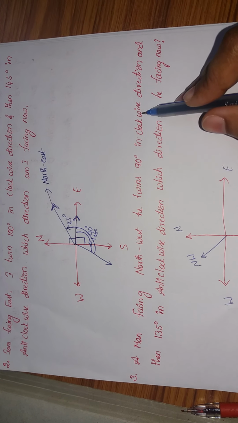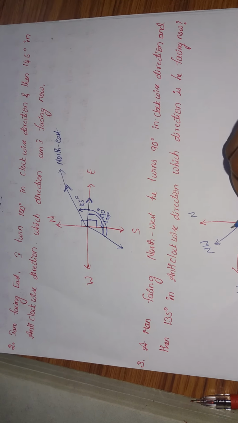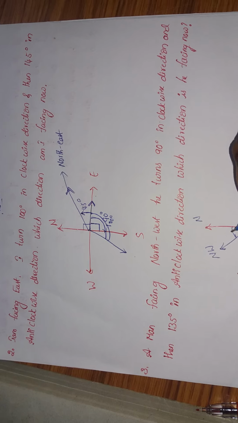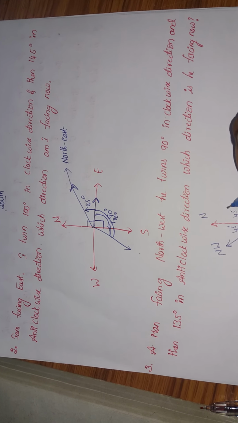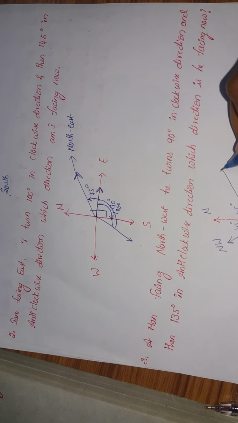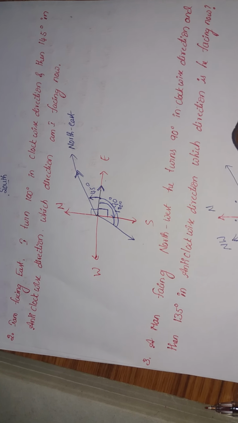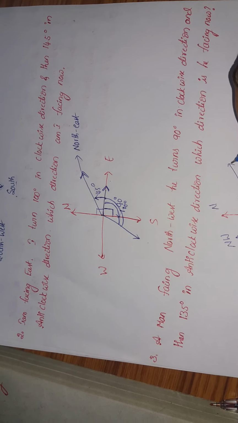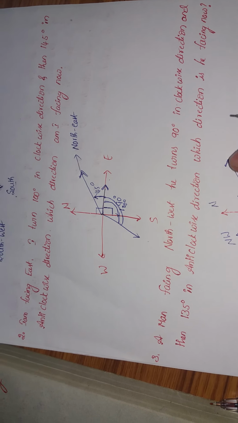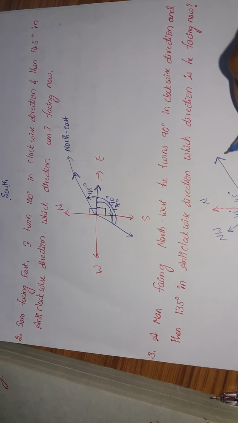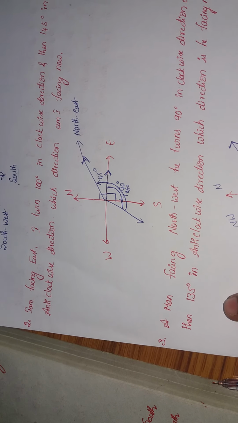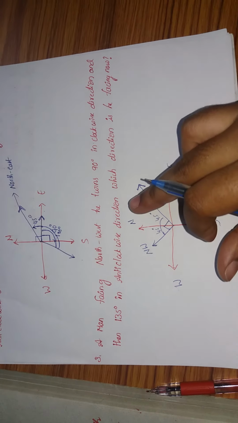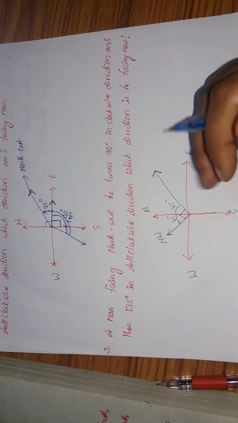He turns 90 degrees in a clockwise direction. Clockwise means here it is 45 degrees and the remaining 45. 45 plus 45 gives a result of 90 degrees in a clockwise direction. The person is in this position, means he is in the northeast direction now, and then 135 degrees in an anti-clockwise direction.